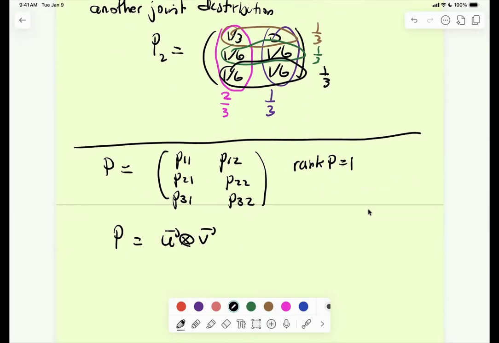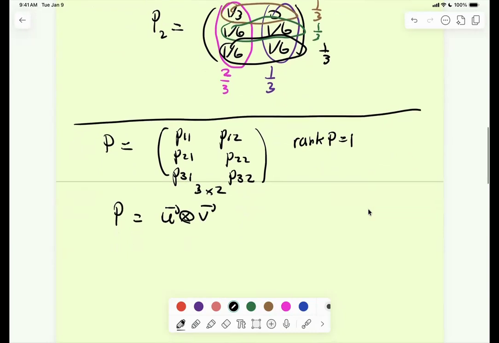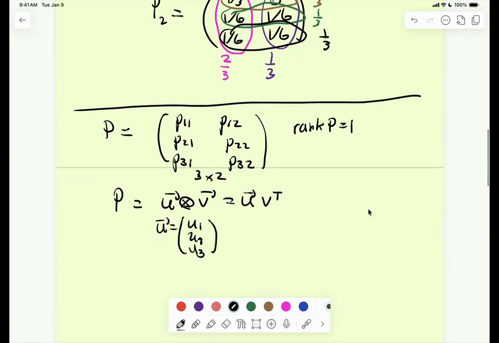This is a 3 by 2 matrix, and it is U V transpose. Let's make the numbers work out. The vector U has to be 3 by 1, with entries U1, U2, U3, and the vector V needs to have 2 entries. Playing with the sizes is always fun.